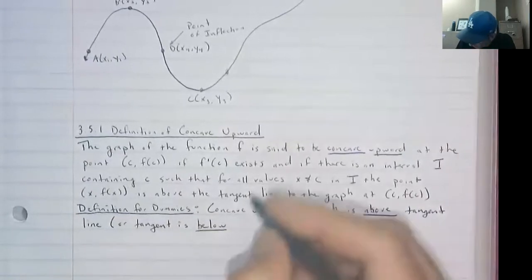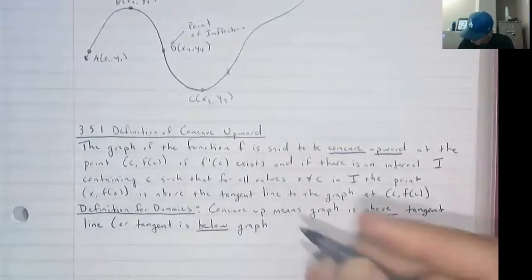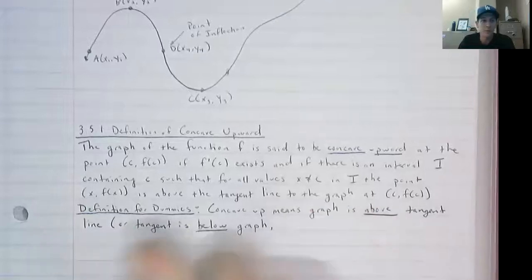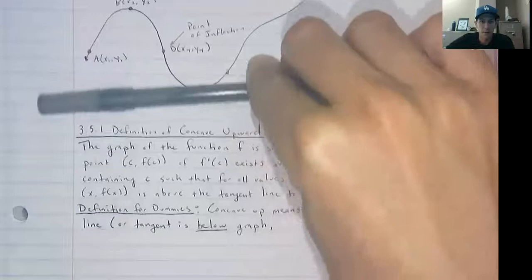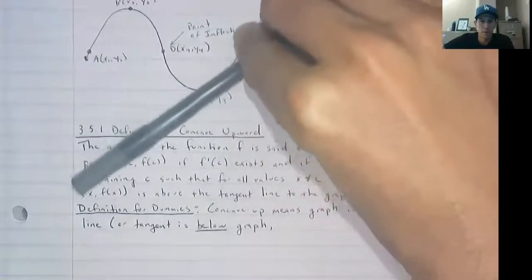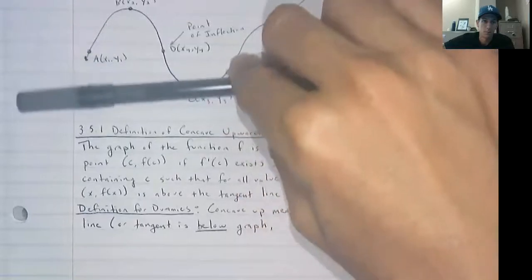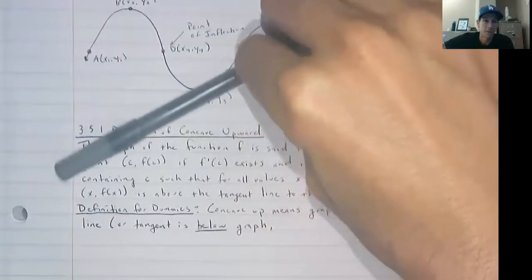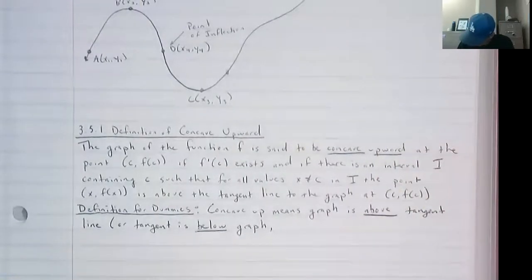Whatever floats your boat. I think being familiar with both is important. The tangent is below the graph, and then rotationally, our surfboard, when we're concave up, when our second derivative is positive, when our rate of change of our first derivative is increasing, rather positive, I think is a better way to say that, means that we are rotating counterclockwise.